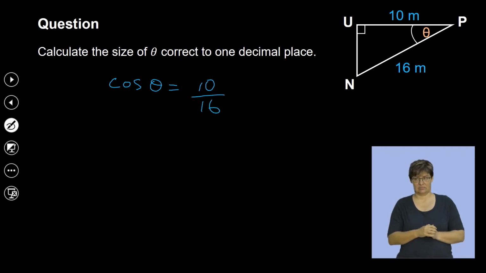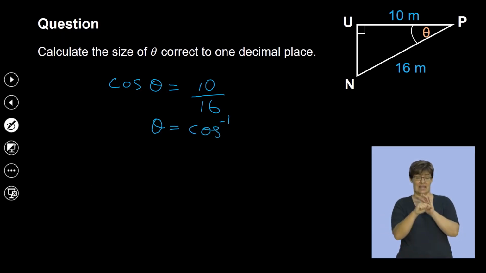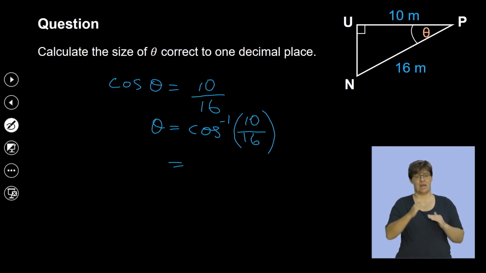You don't necessarily need to write down the definition or the ratio from scratch to say adjacent over hype. You don't really need to do that if I've given you a triangle. You just need to substitute straight away and then start calculating. And then remember the steps I gave you in our previous lesson. You're going to press either second function or shift with the cos, and this will give you cos to the -1 into 10 over 16, and then you will then find what that angle is.